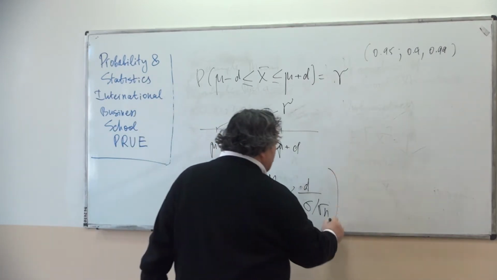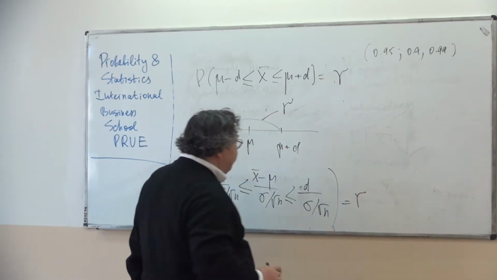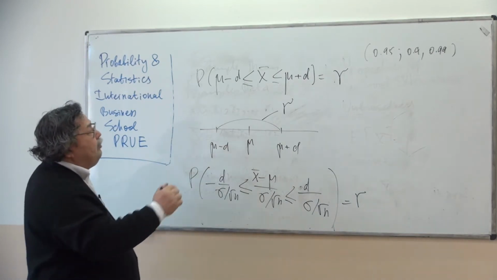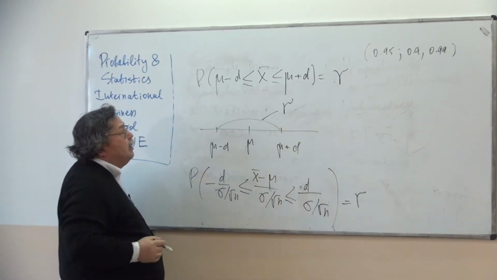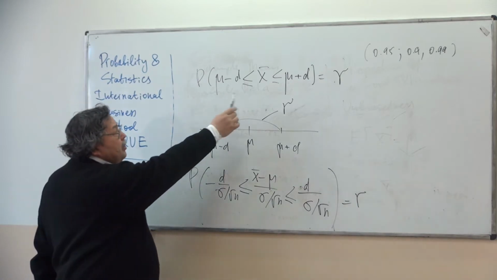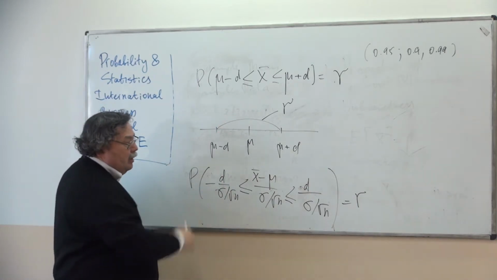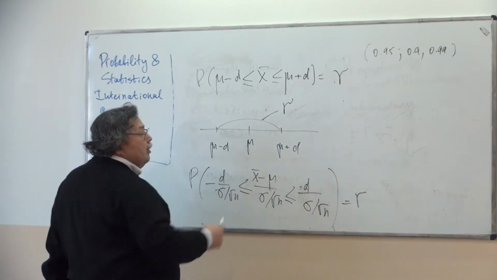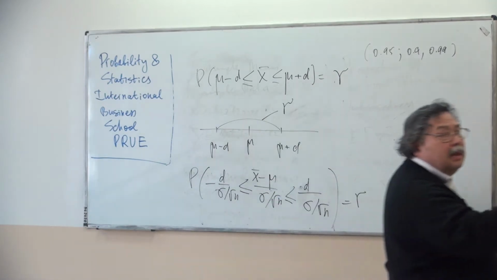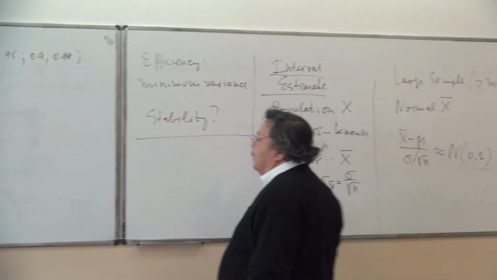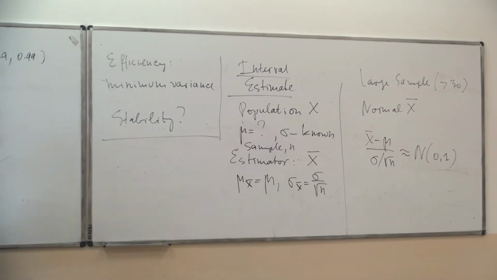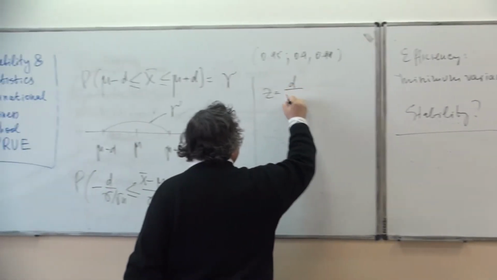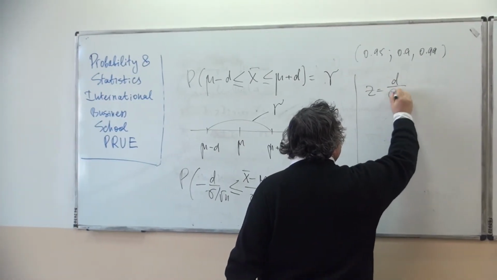And this is gamma. So actually it's the same equation. I just rearranged these terms. I subtract mu from each term and I divide by sigma over root n. Why do I do this? Now the middle term is a standard normal random variable. Let's write it this way: z equals d over sigma over root n.